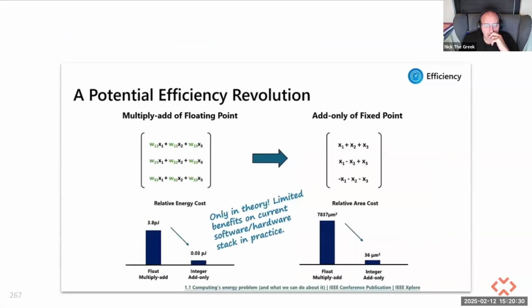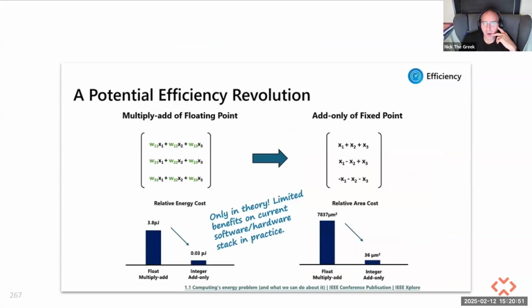And what does 1.58 bits mean? It's log of 3, because you have 3 levels. If you have 2 levels, it's 1 bit. If you have 3 levels, because it's 0, -1, and 1, the log base 2 of that is 1.58, I think. Okay, interesting.